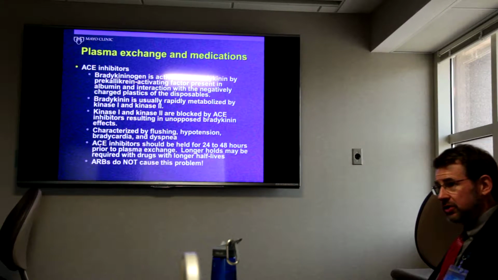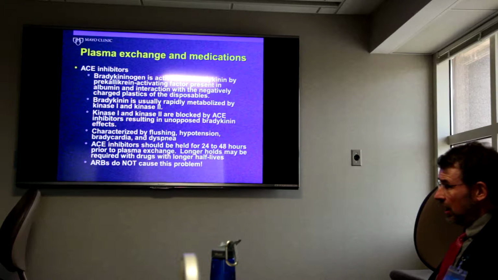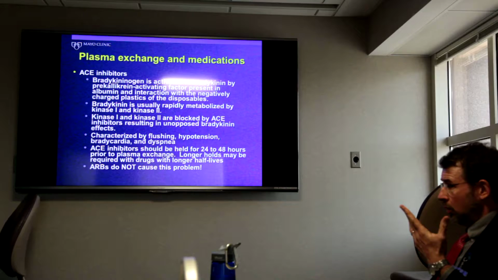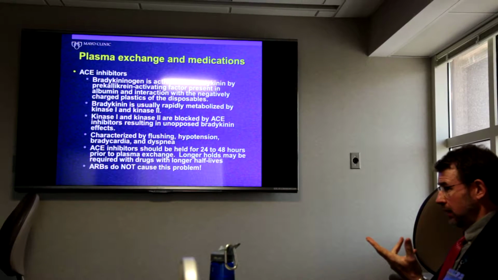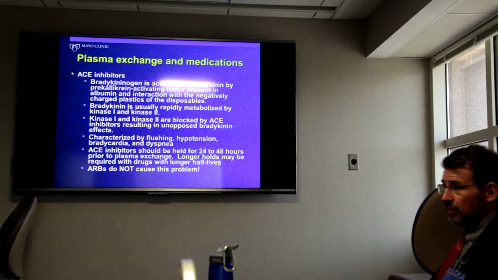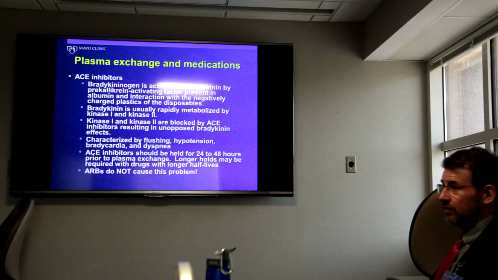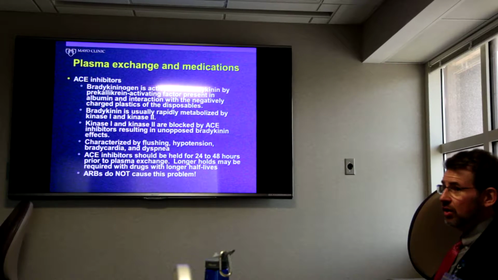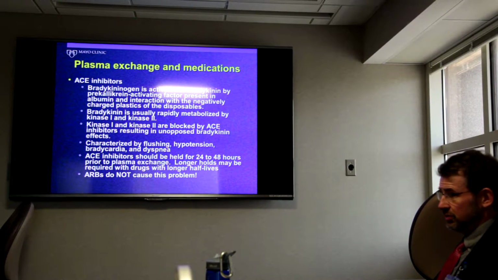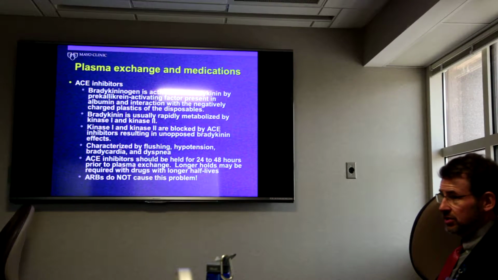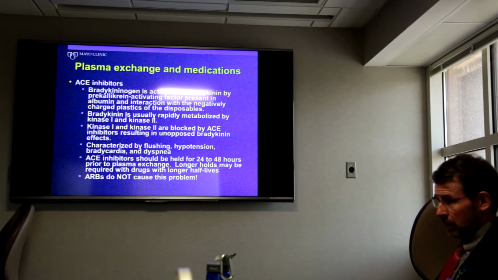We'll go ahead and do the procedure because, to be honest with you, it is unlikely to occur. But knowing that the person is on an ACE inhibitor, we're aware of it, we can look out for it, okay? There's another medication called angiotensin receptor blockers, which can be substituted for angiotensin converting enzyme inhibitors. This reaction does not occur with the ARBs, the angiotensin receptor blockers. So switching somebody from an ACE inhibitor to an angiotensin receptor blocker is okay.